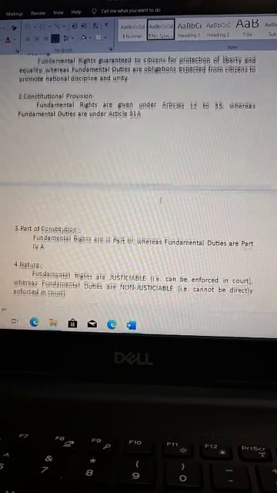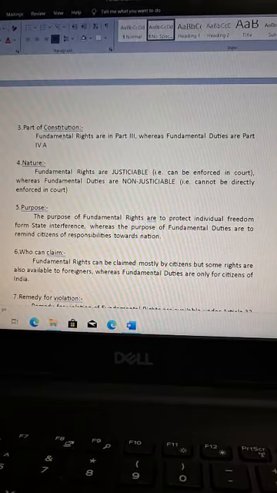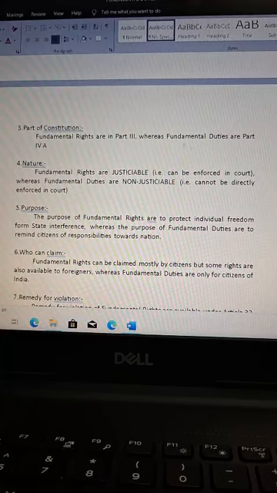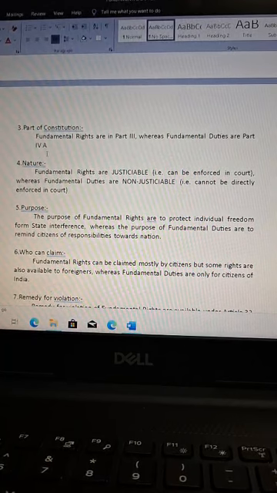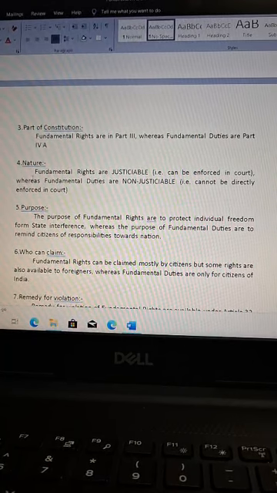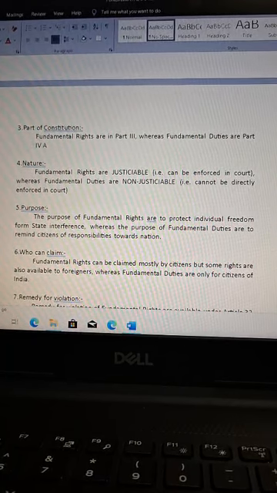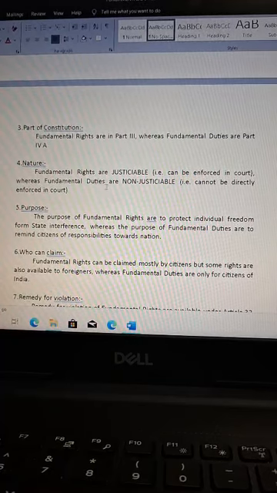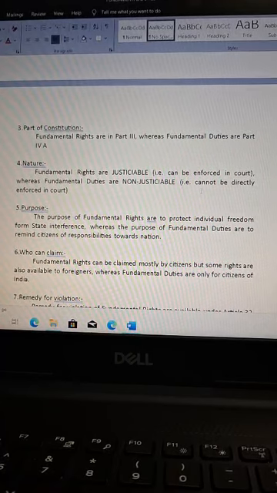Number 3, part of Constitution. Fundamental rights are in Part 3, whereas fundamental duties are in Part 4A. Number 4, nature. Fundamental rights are justiciable, that is, can be enforced in court, whereas fundamental duties are non-justiciable, that is, cannot be directly enforced in court.